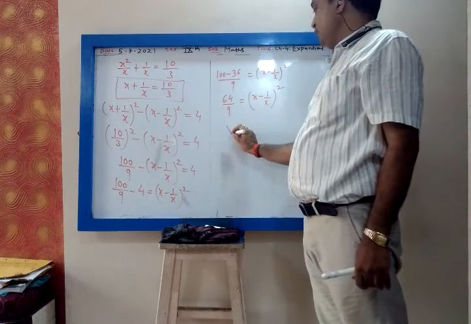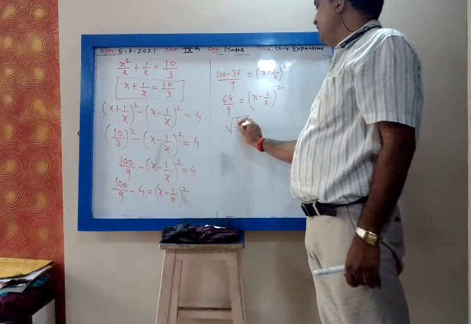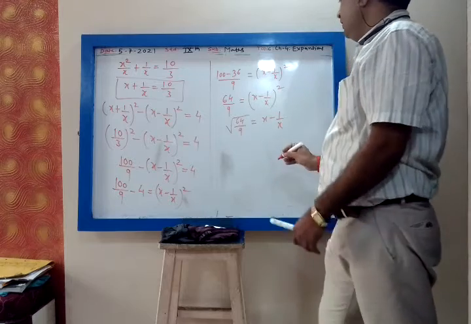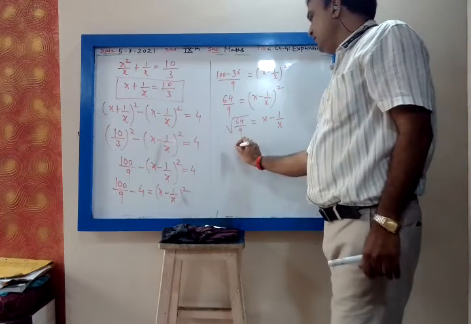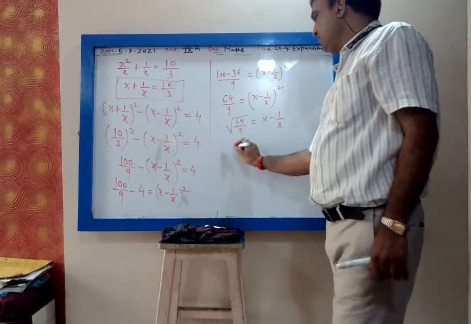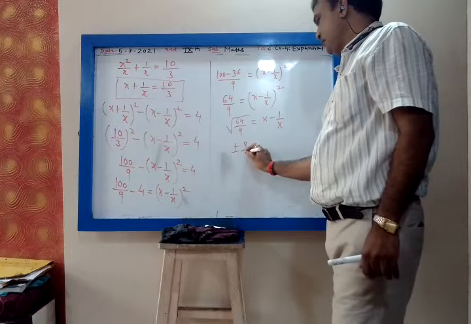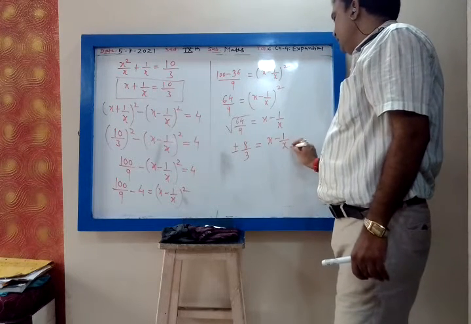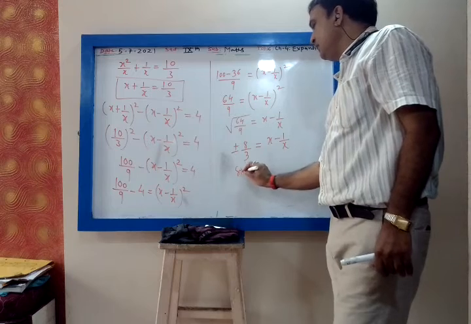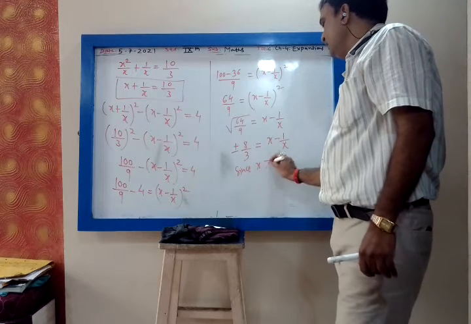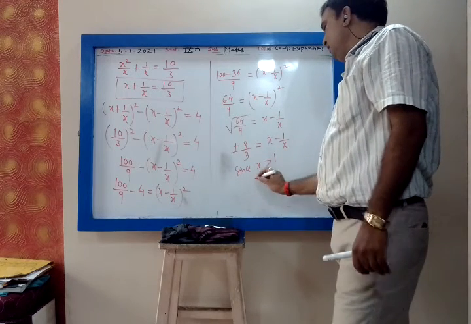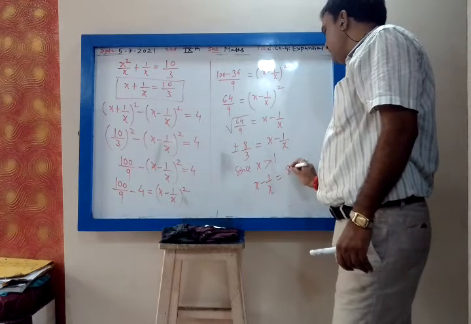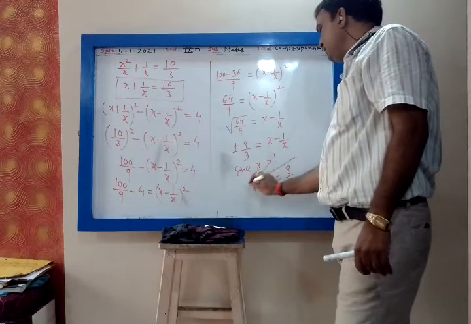So taking the square root, the square root of 64 by 9 is equal to x minus 1 upon x. So out of plus minus, plus minus 8 by 3. Now since x is greater than 1, we take x minus 1 upon x as plus 8 by 3. Out of the plus minus sign we take the plus sign.